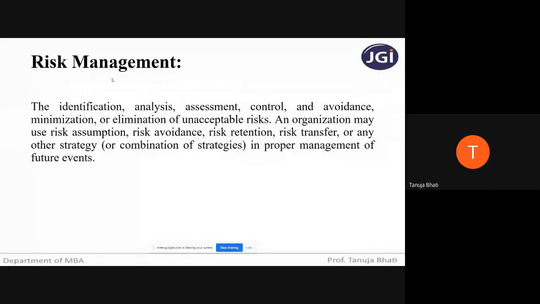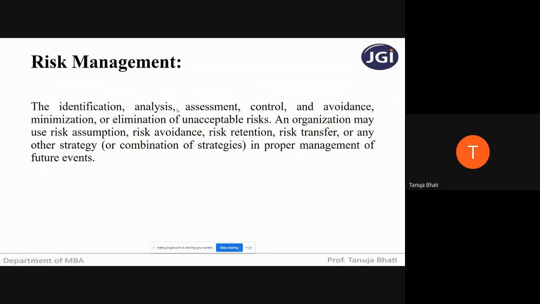So basically risk management is nothing but the identification. First you're going to identify which all are the risks that can be attached to the financial instruments, then analyze what would be the impact, how severe the impact would be, assess the degree of their effect, and control.